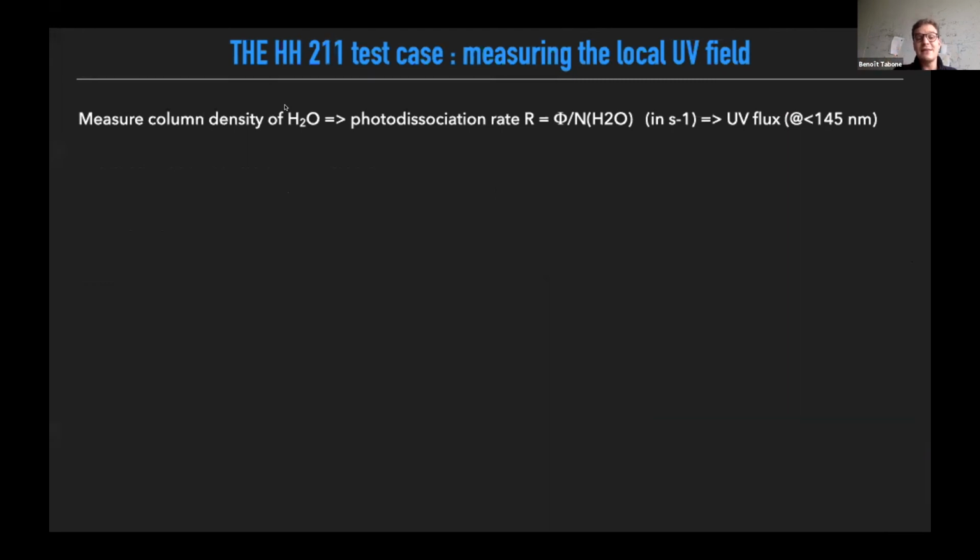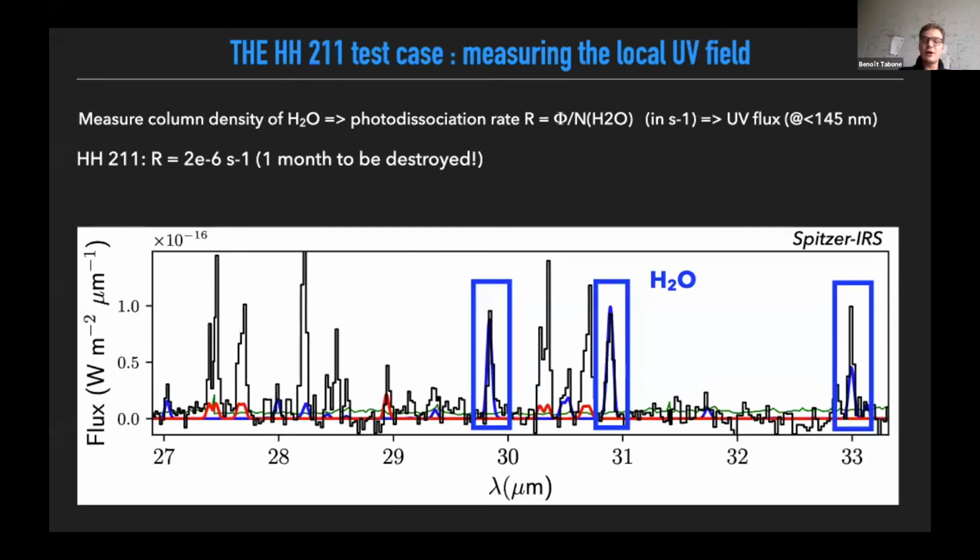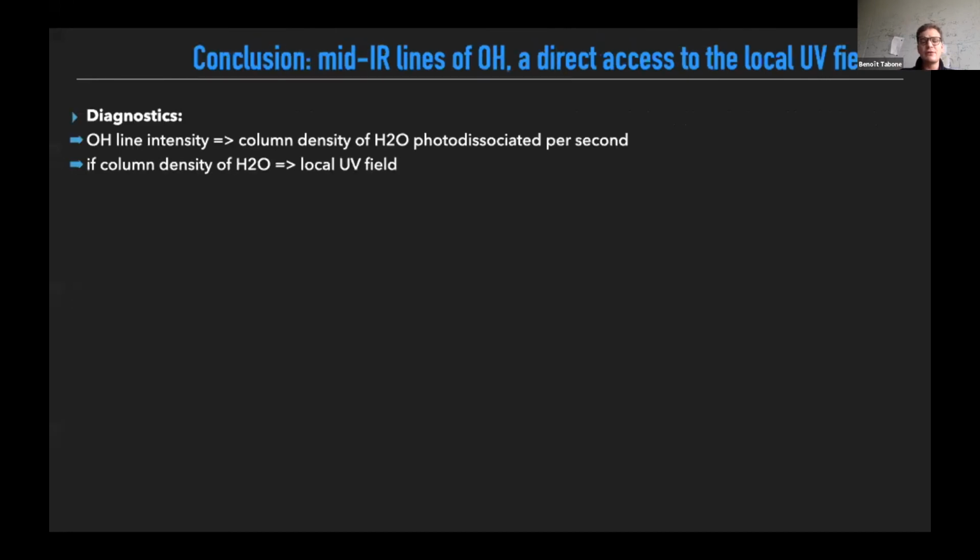This quantity is the photodissociation rate of water, which is directly proportional to the UV flux. So if you have a column density of water, you can measure the UV flux. We did this in HH211 with the Spitzer lines, and we derived a UV flux that is 5,000 times larger than the interstellar UV flux. So quite a strong UV flux.